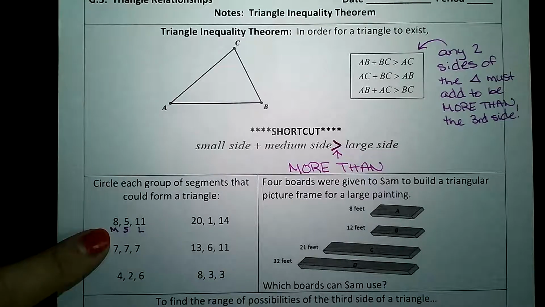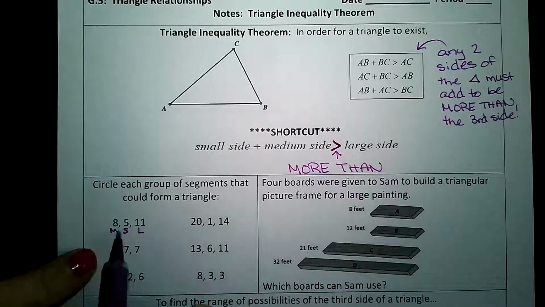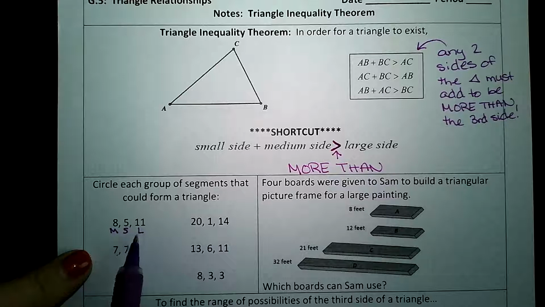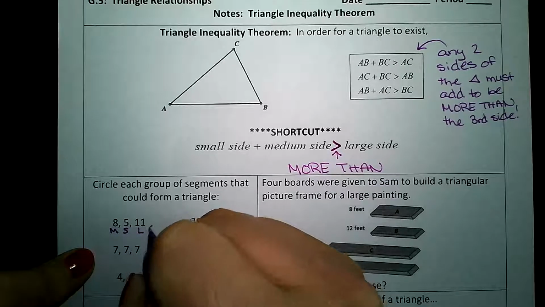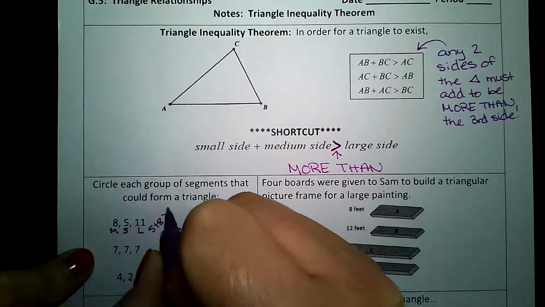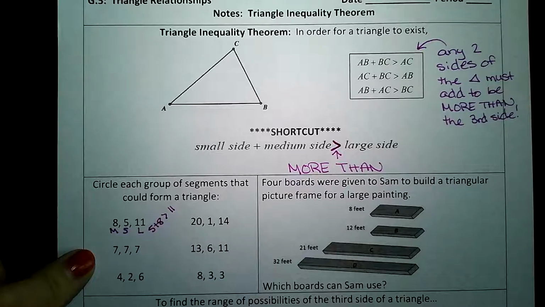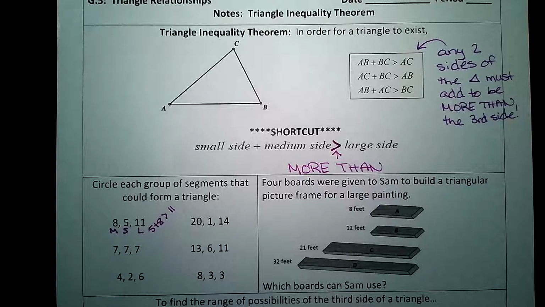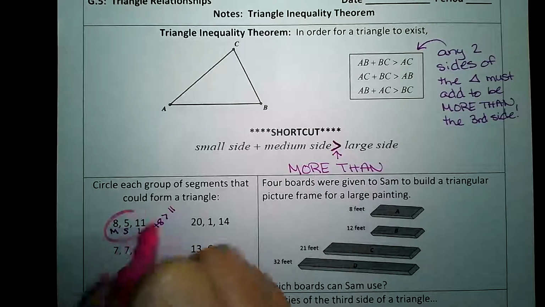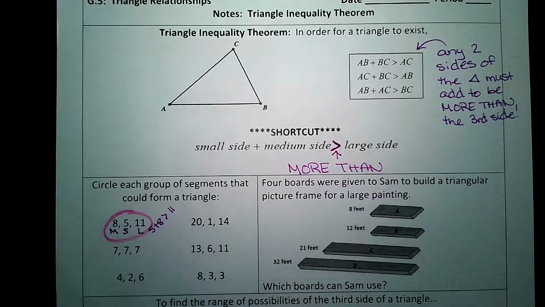So the question is, is 5 plus 8 greater than 11? And the answer is yes. 5 and 8 make 13, and 13 is bigger than 11. So this is one of my choices that would form a triangle.